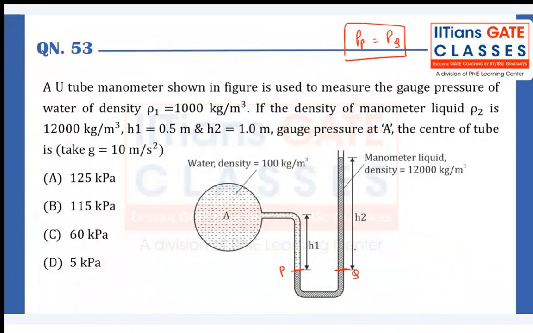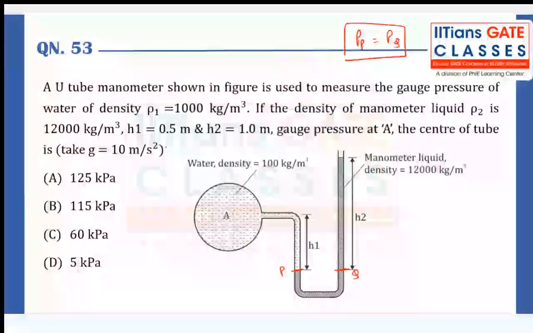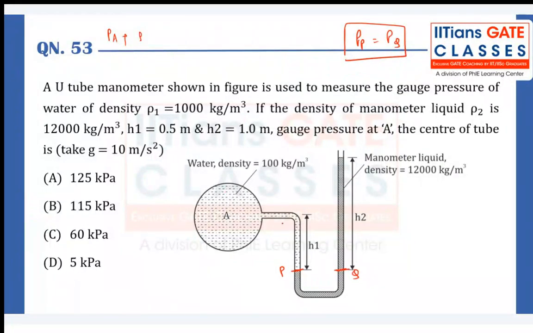Okay, so to solve this particular problem, I will be taking PP equal to PQ. Here I'm writing it. What is the pressure at point A? Pressure at point A will be PA plus, because of this liquid 1, and I'm calling this liquid 2, rho 1 G into H1, that is equal to the pressure because of this particular column height, that is rho 2 G into H2.